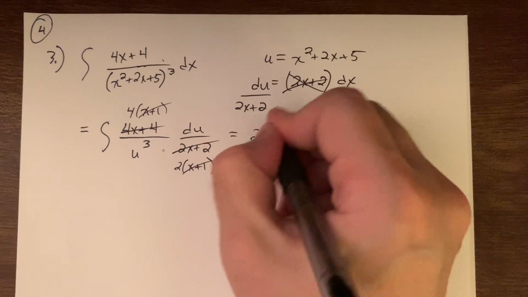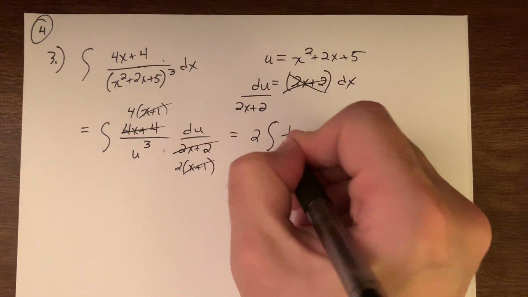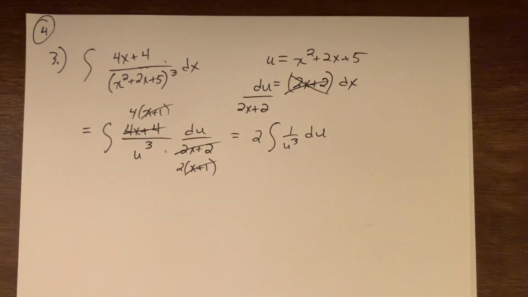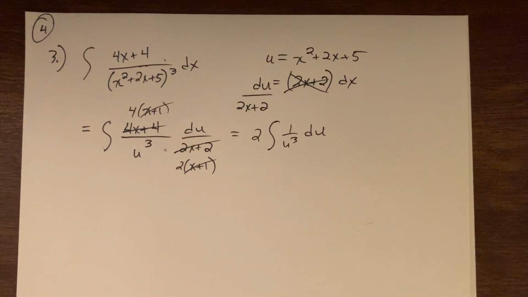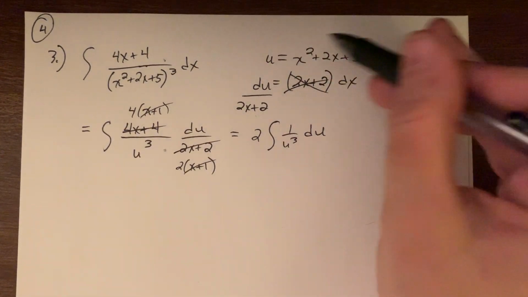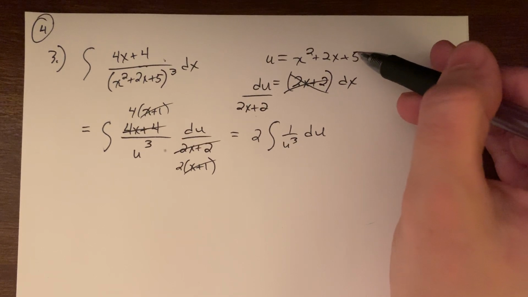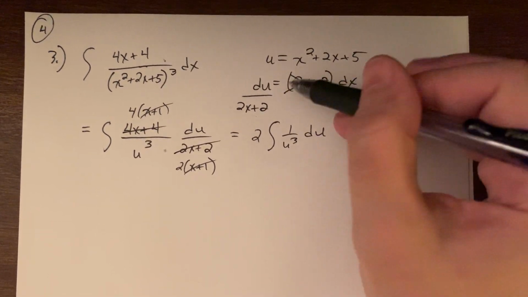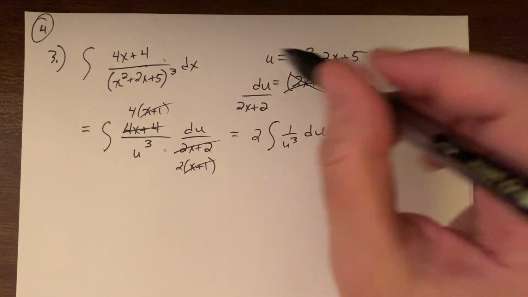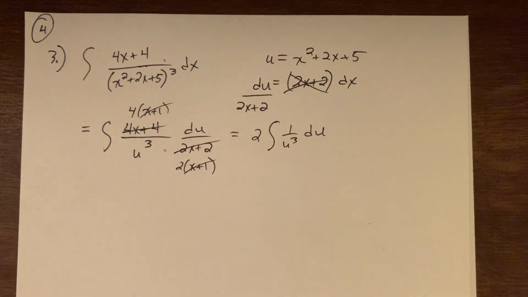2 over 1, but now I've got a 1 over u cubed du, and here's the second issue with this problem. I don't think this problem is that terrible, but I'm trying to use it for two purposes. Number one, that our u's might be just a little bigger than what we were seeing in the previous, so that our derivatives might have a couple of pieces, not just one, and seeing how to simplify those situations.